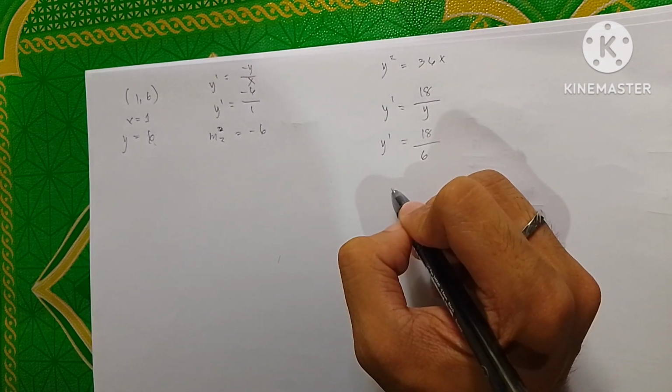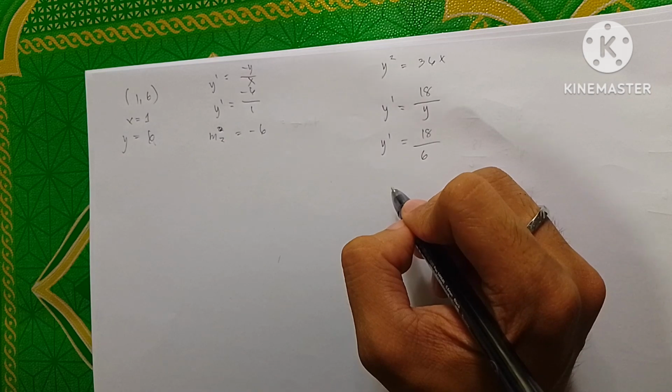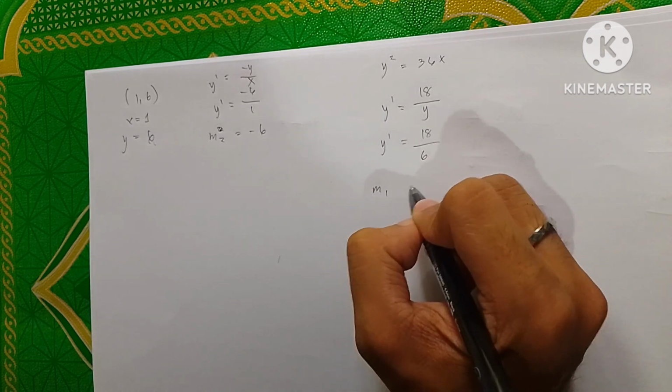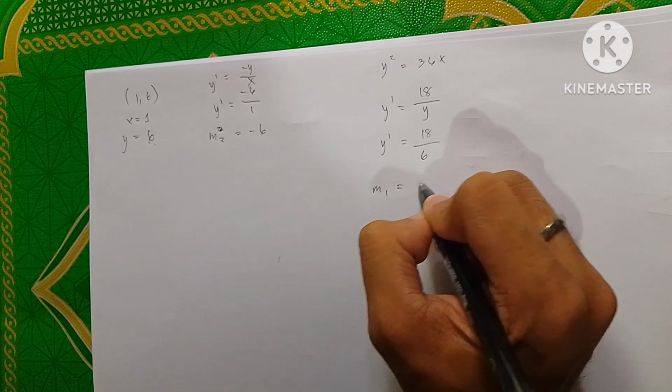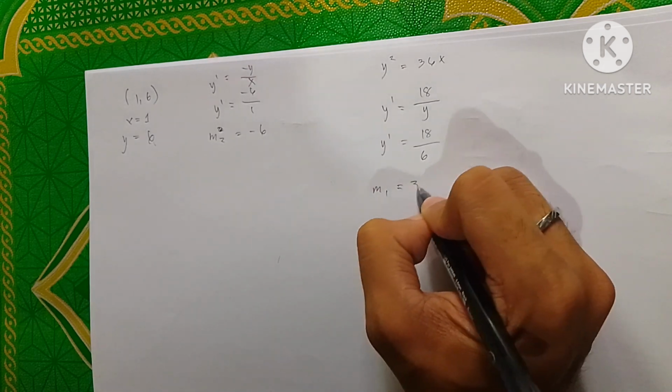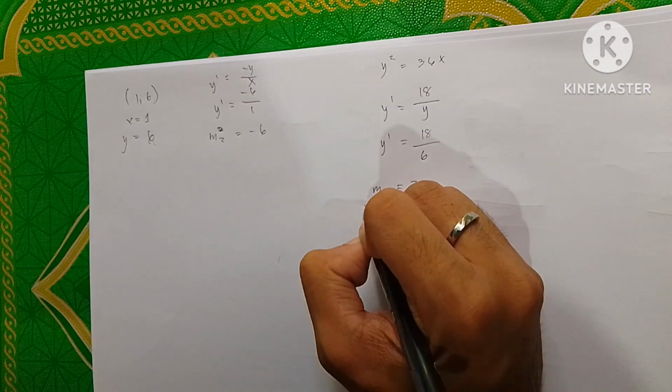So we get the slope m1 is equal to 3, because 18 divided by 6 is 3. So we get m1 and m2.